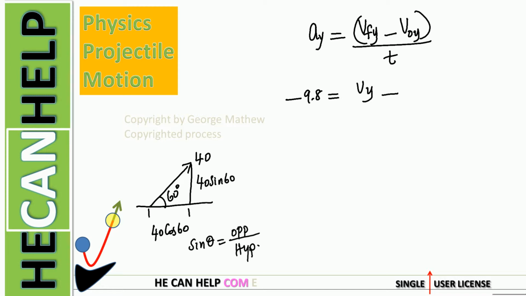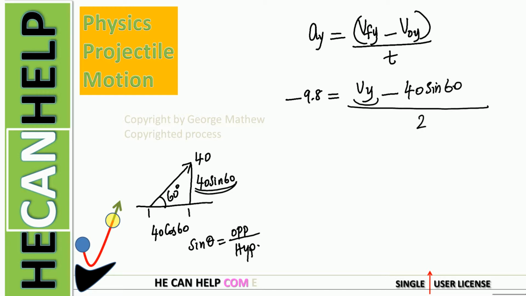So negative 9.8 equals final velocity along the vertical minus initial velocity along the vertical. Initial velocity along the vertical is 40 sine 60. And this whole thing is divided by time. Time is 2 seconds.